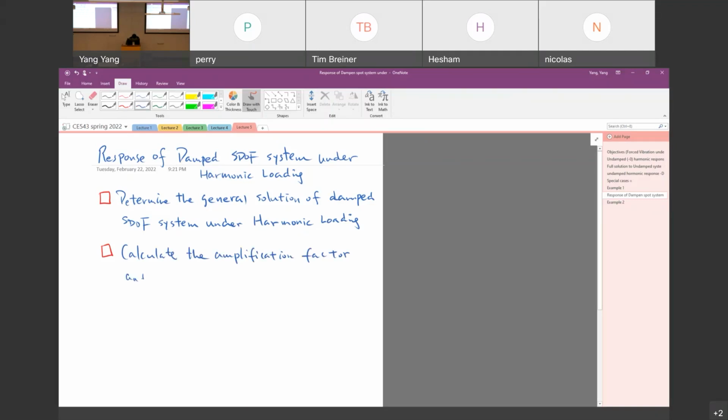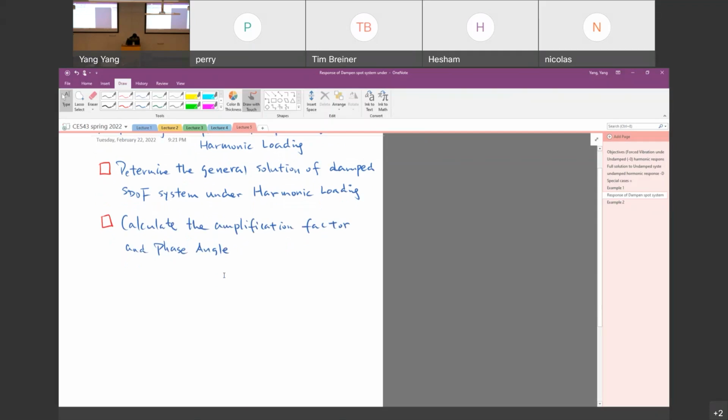You should also be able to determine the response of a damping system.